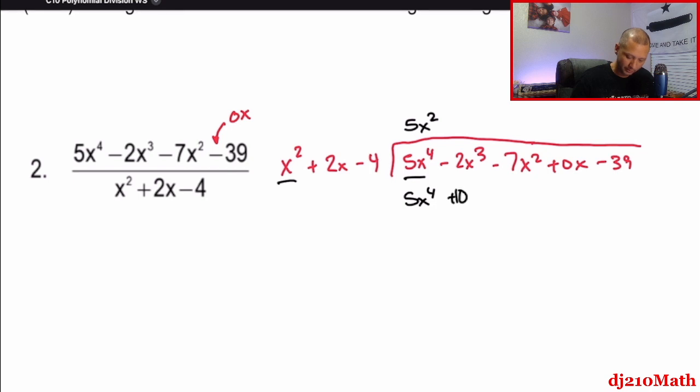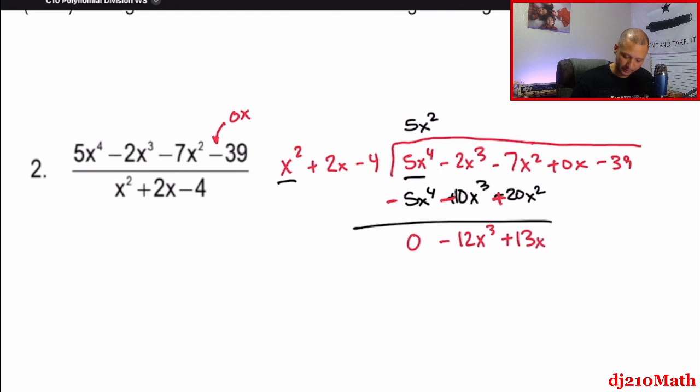Plus 10x cubed minus 20x squared. Flipping the signs. So negative, negative, plus. Adding down, we got 0. Negative 12x cubed plus 13x squared. Bring down the 0, so plus 0x.